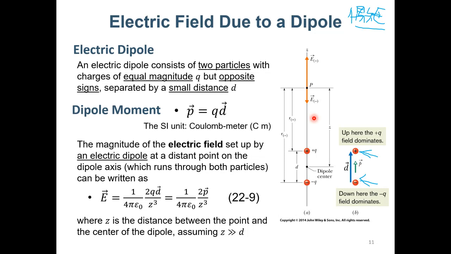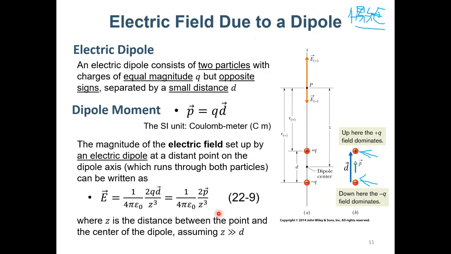Maybe you will ask, why do we calculate the E field at the other position? The reason is it is not easy to calculate by hand. So this formula only tells you the E field generated by the dipole along this line.